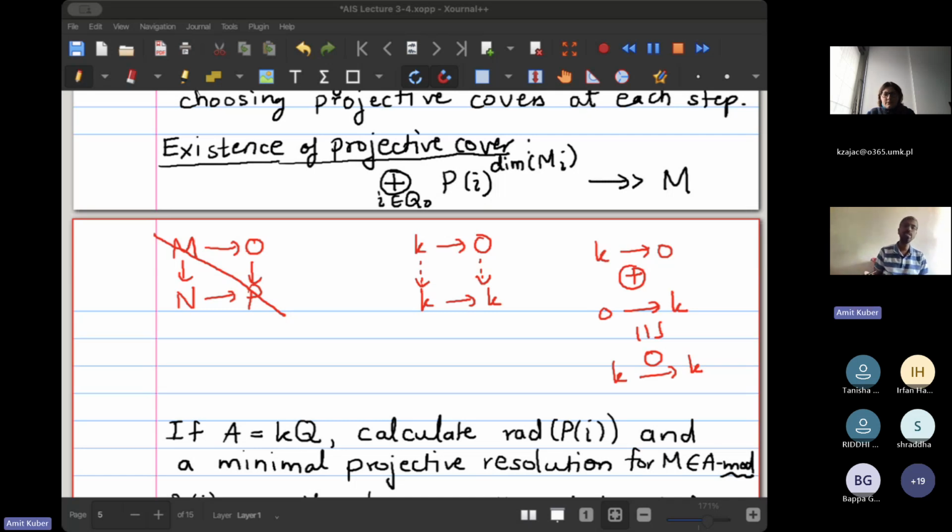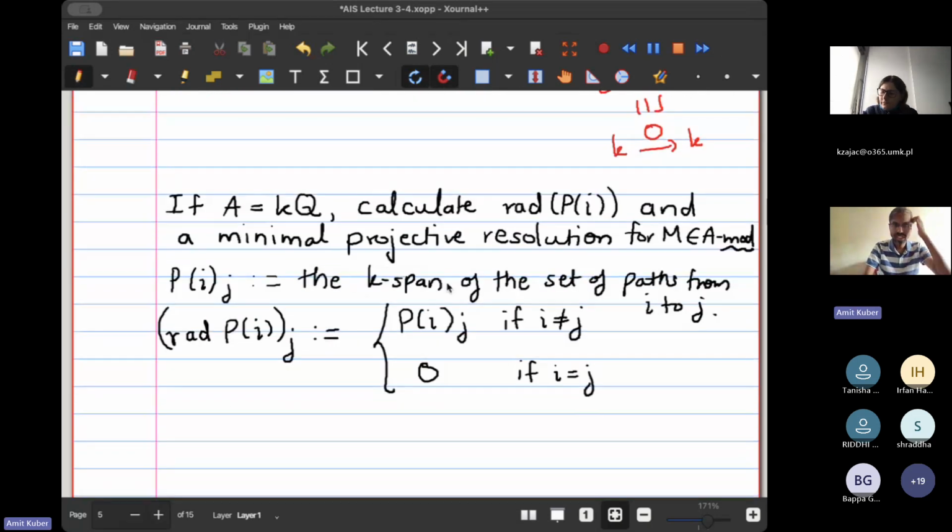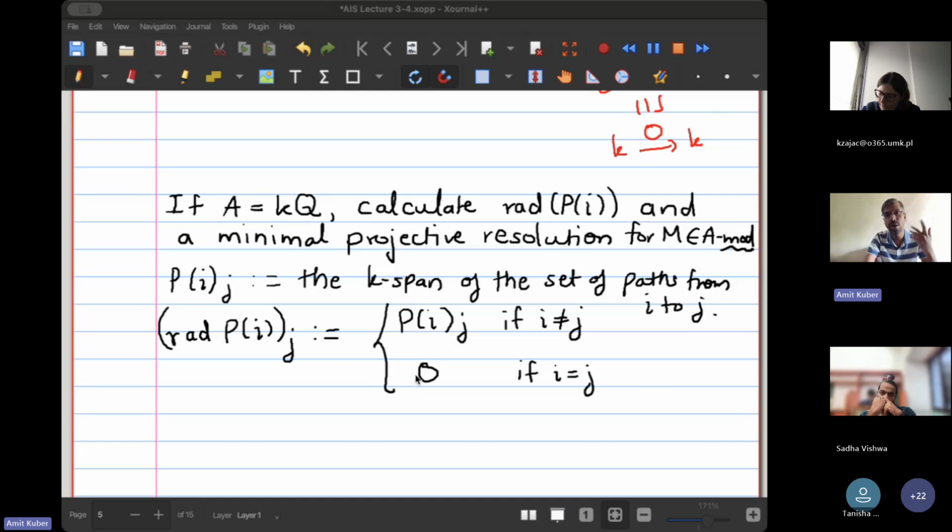Okay. So let's come back to the example that we are trying to compute over here. I was saying that because Q is acyclic, there is no path from I to I apart from the lazy path, and therefore the radical of Pi evaluated at I, the ith location, is 0. Otherwise, what will you do? If it is finite dimensional and, let's say, a bound quiver, what will you do in this case for the radical?